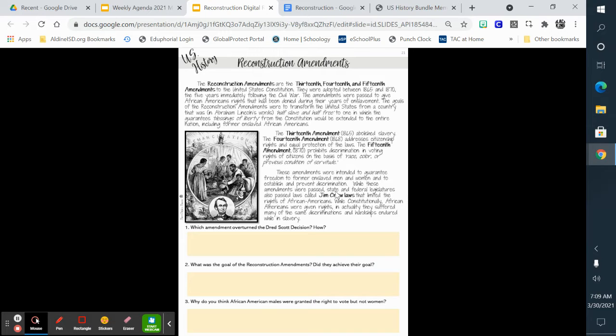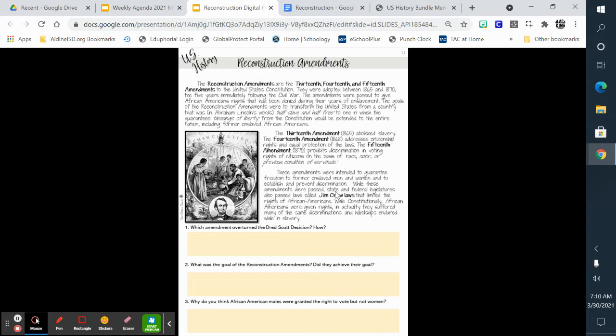So it was intended to level the playing field for both free and formerly enslaved people. The 13th Amendment, 1865, abolished slavery. That means it ended slavery. The 14th Amendment, 1868, addressed citizenship rights and equal protection of the law.